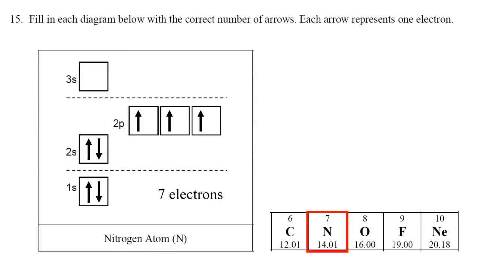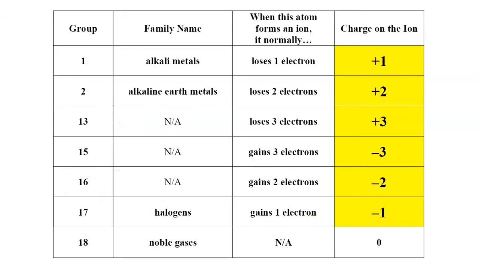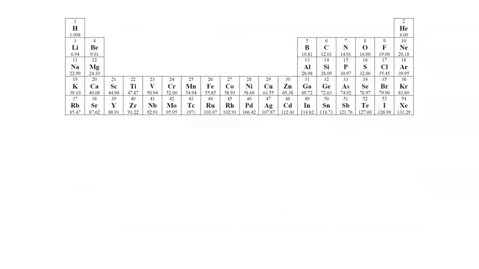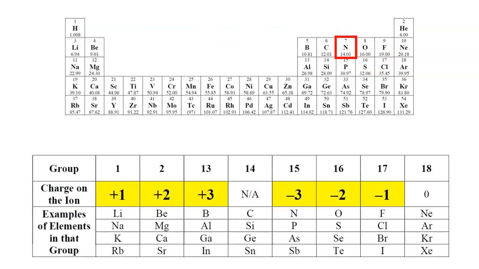Now the other diagram that I have to fill involves an ion. Just to remind you that nitrogen is located in group 15 on the periodic table. So the elements in group 15 normally gain 3 electrons to form a stable ion with a charge of -3. So there's nitrogen in group 15.